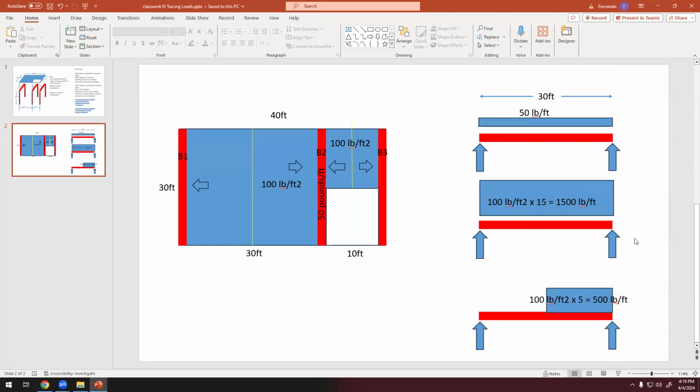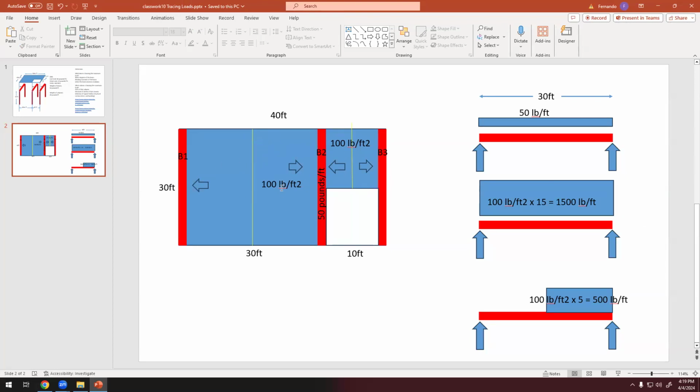Okay, so if you look at this, I think everything makes sense. So we have the beam weight. This is a uniformly distributed load, the whole length. Then we have that slab. That slab goes from this point to that point, so it's the whole length, 30 feet.